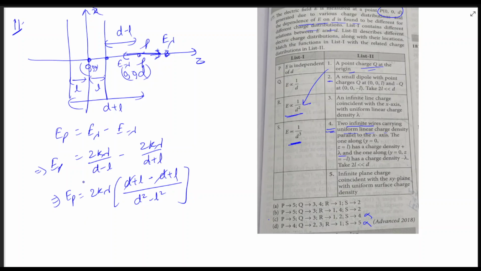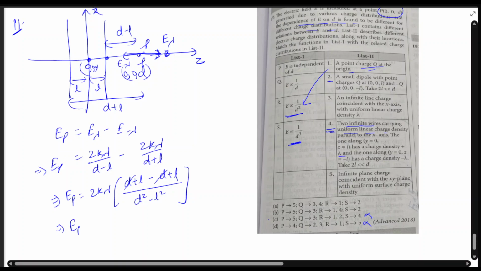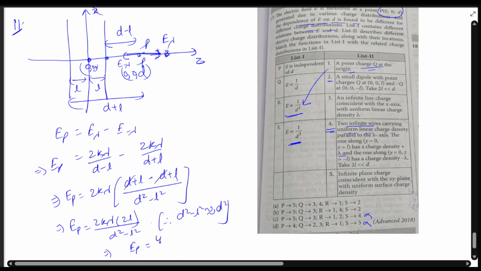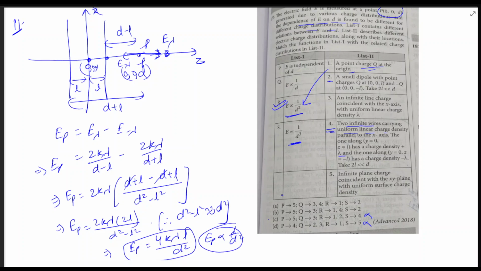We'll be left with EP equal to 2k lambda into 2L divided by d square minus L square. Now you can use the approximation: d square minus L square can be written as d square itself. So we will get EP as 4k lambda L by d square. So EP is inversely proportional to d square. Yes, so the fourth option, so B will be correct.